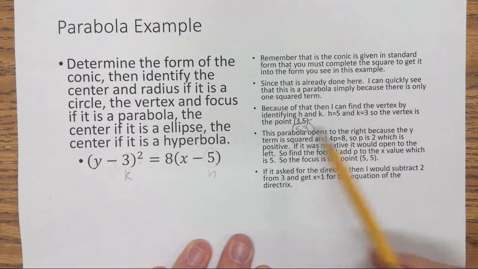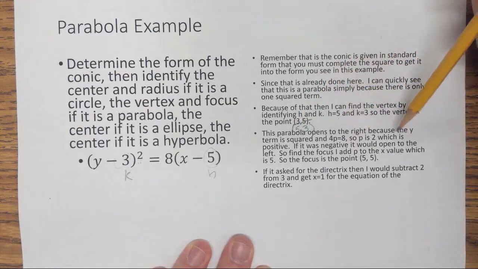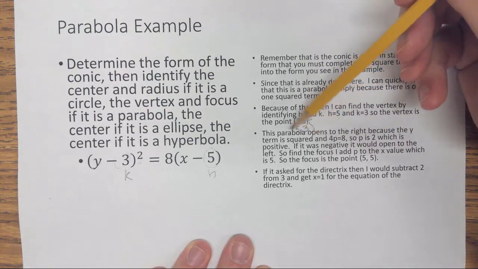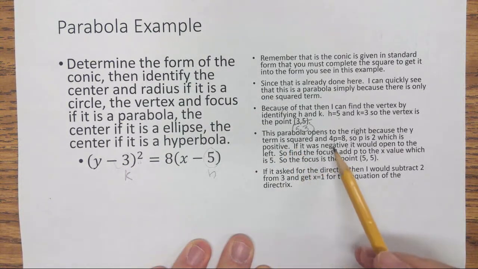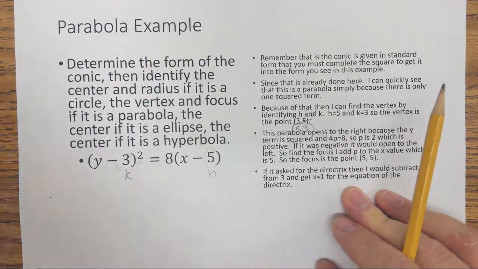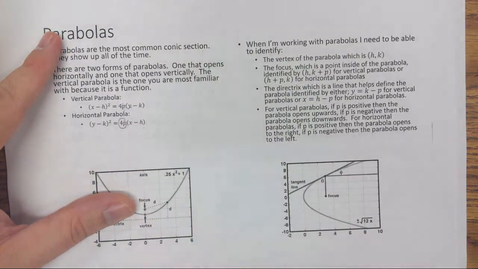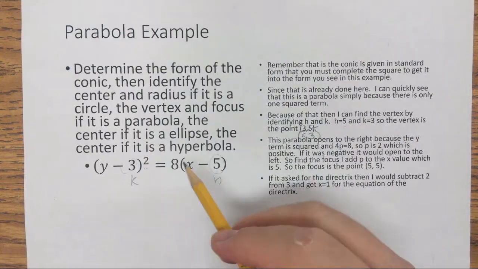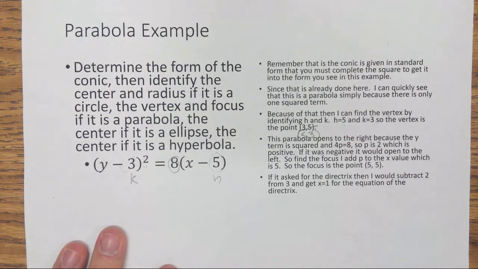So that's (5, 3). This parabola opens to the right because the y term is squared, which means it's horizontal, it's opening this way or that way. And if I take that value here, this 4p, and that's always related to the number that's outside of the term that's not squared.